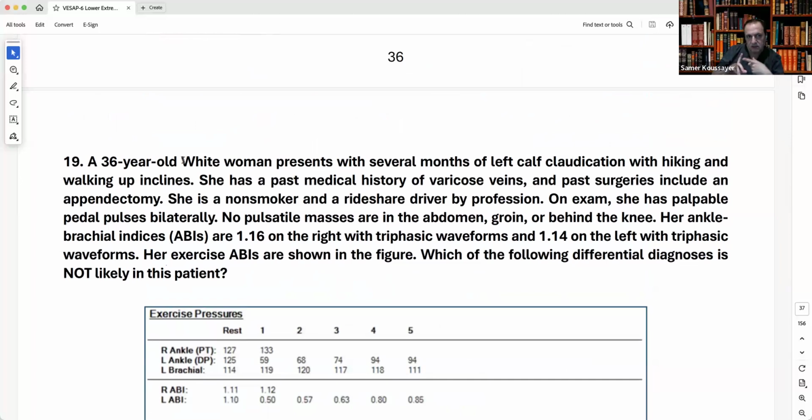Exam is normal, pulse is normal, ABI is normal, but she has a positive exercise test with a drop in the ABI on the treadmill that went back to normal after 5 minutes. So the question is: what are the scenarios in which young people can give you this? Of course, it's not atherosclerotic for sure. So what are the differential diagnoses?